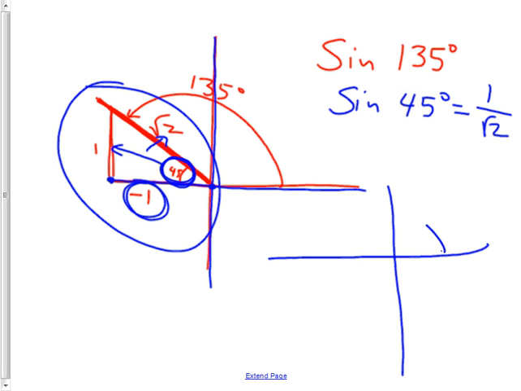Well, it starts here, wraps all the way around, goes past 180 to 220. Now, if I'm going to draw the reference triangle for that, I just draw it. Do you get that two of those sides are negative because of where it is? In that quadrant, this side's got to be negative and this side's got to be negative, because we're going to the left from the origin and we're going down from the origin. So those are both negative.